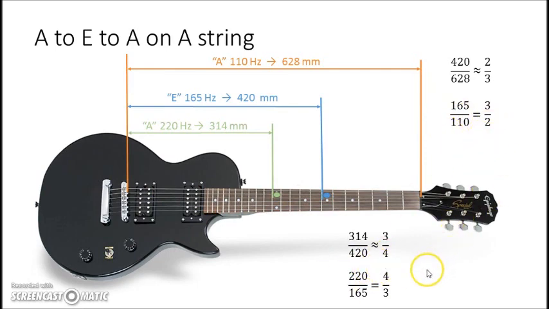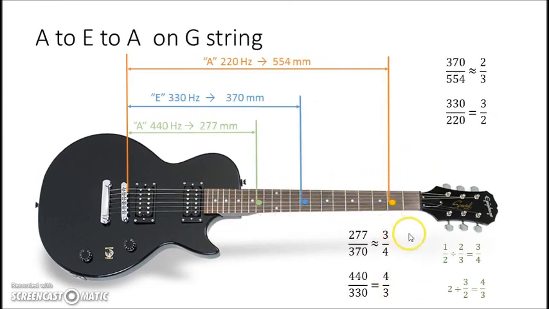So your little fractions there work out nicely. So the perfect fifth is 2/3 the length, 3/2 the frequency. The perfect fourth is 3/4 the length, 4/3 the frequency. It works on the open string, but it works on other strings as well. Same fractions there.